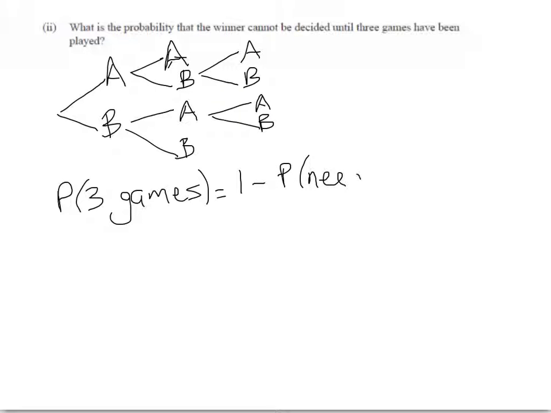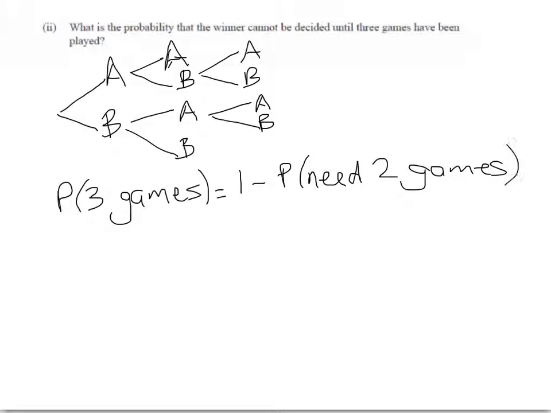So that means there are 2 ways to solve this problem. The easiest way is to say the probability that we need 3 games is just 1, take away the probability that we need 2 games.